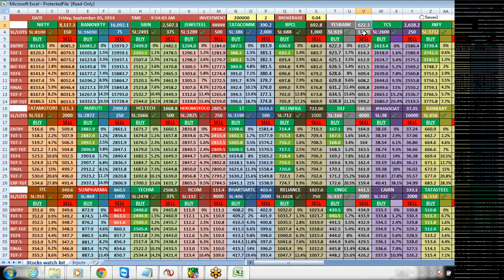Now it is at 622.3 only. Now it has not gone anywhere. So another 10 paise or 20 paise up and down, it will keep coming, or else you can have your stop loss at 619. It might reach up to 620, and then again it will come back and give you a buy call. So it's very important that once you enter a call, you put your stop loss also, and then wait either for the stop loss to hit or your targets to be made.